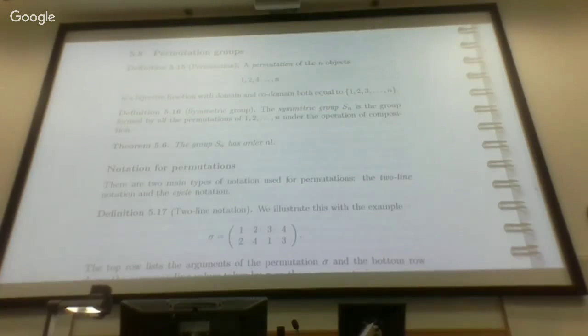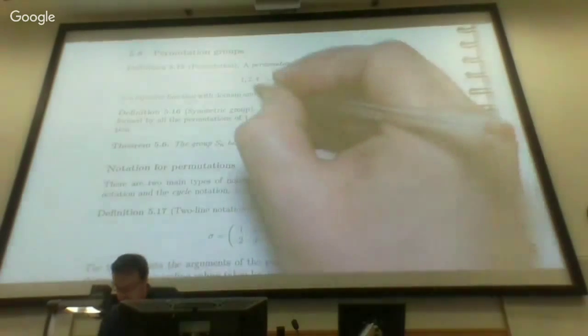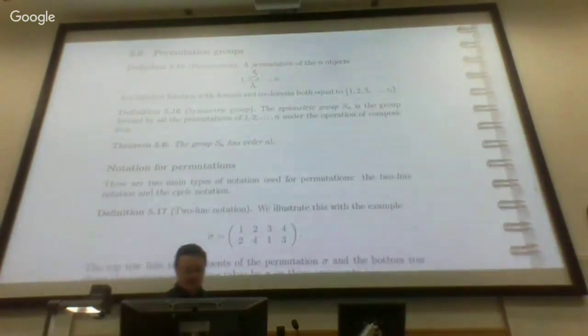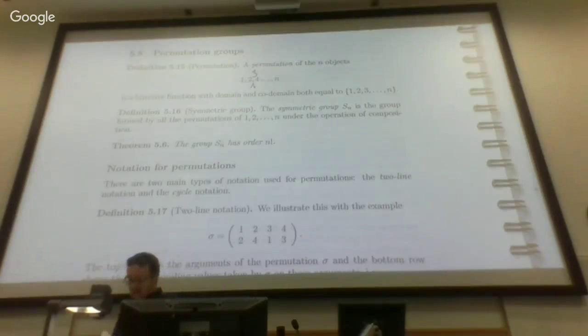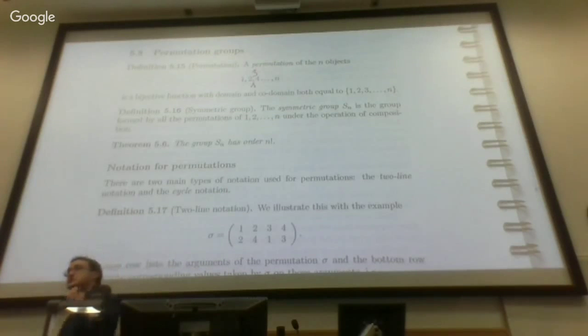Sorry, I skipped out 3. It's some set of n labels. And a permutation is any function from those labels to themselves which is bijective, so one-to-one and onto.